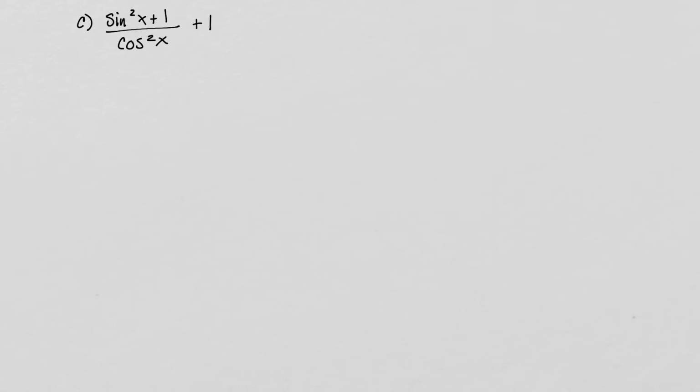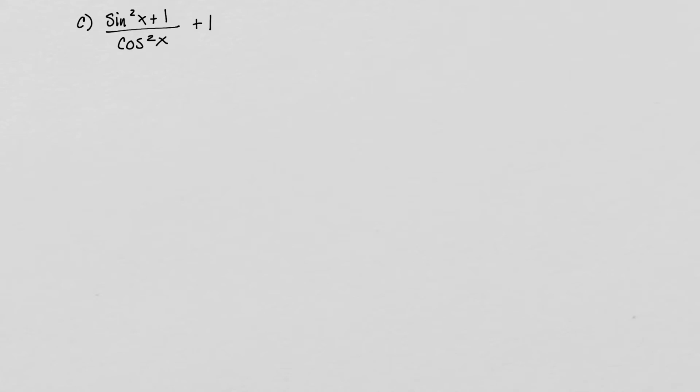If you have two separate pieces, sometimes you want to put them together into one piece, because we're trying to see if we can simplify this down into a single trig function, or maybe one trig function plus another. So the first thing I want to do is add these two things together. In general, when you're adding with fractions, what do you have to have? Yeah, you have to have a common denominator.